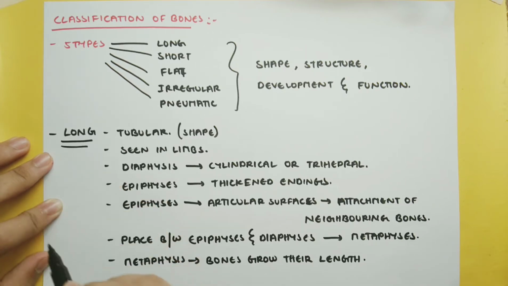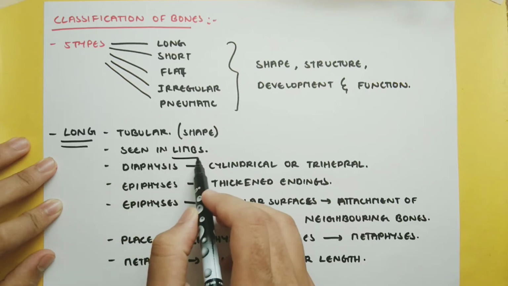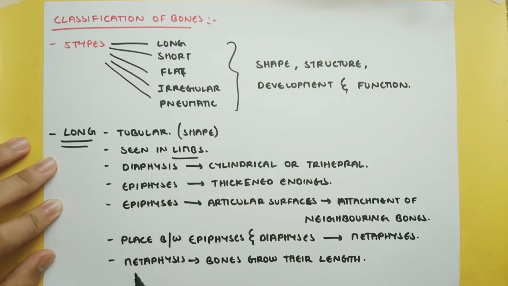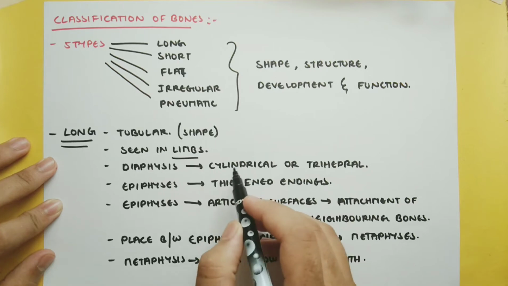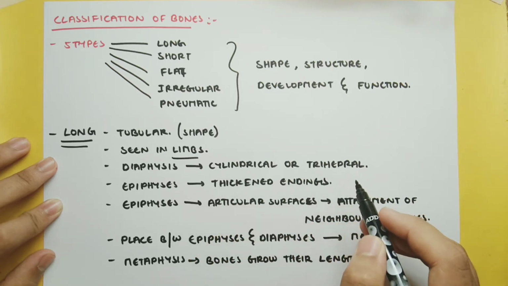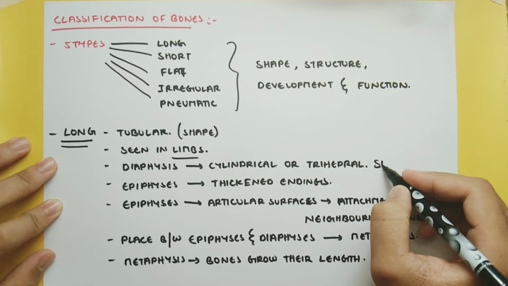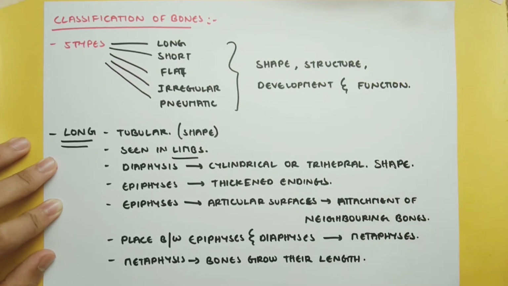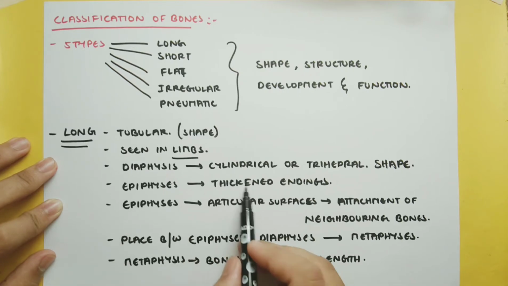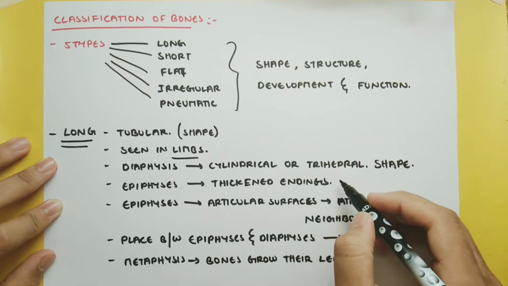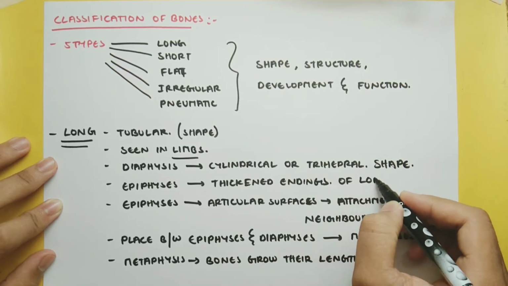First, long bones. They are also called tubular bones, because they are tubular in shape. These are mainly seen in limbs, and the diaphyses of these bones are cylindrical or trihedral in shape. The epiphysis is the thickened ending of the long bones.